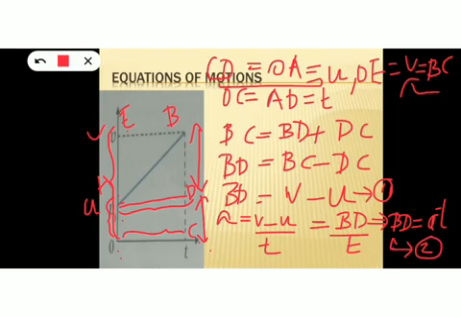Now look at equations 1 and 2. The LHS of both equations is the same, BD. So we can equate the RHS of both equations, and you will get V minus U equal to AT.